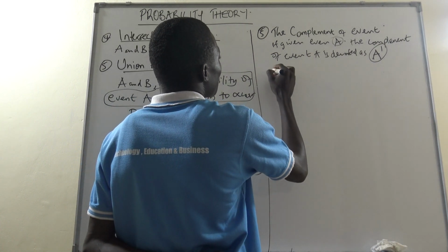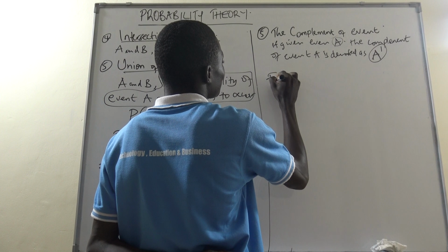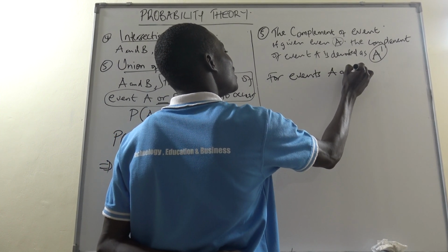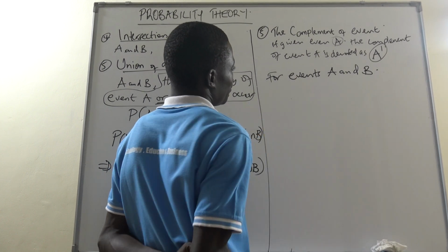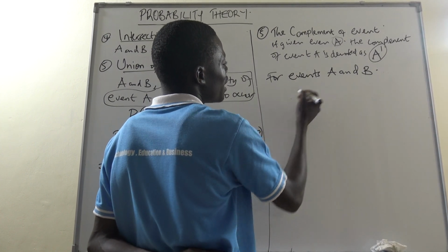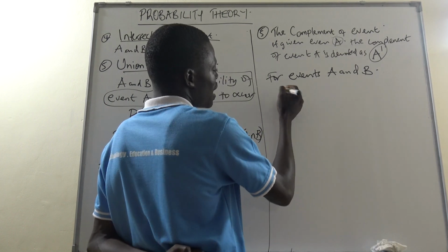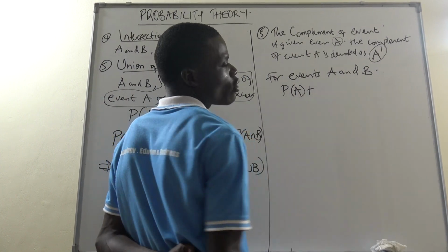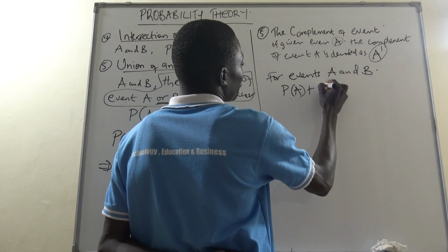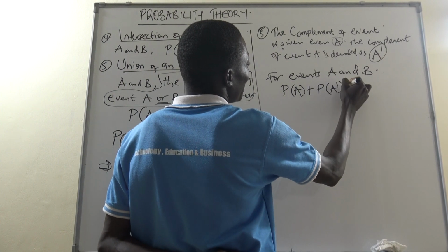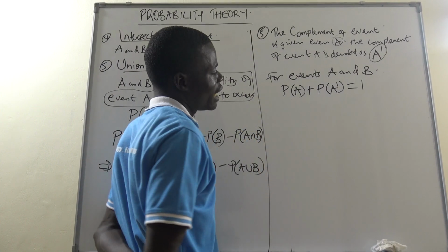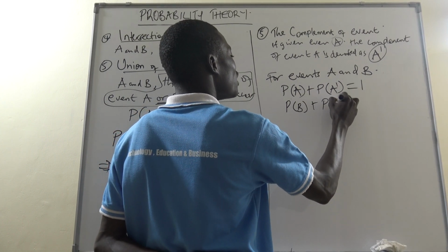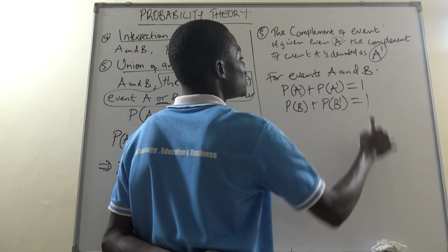So for example, for events A and B, the probability of A plus the probability of the complement of A will always give you 1. Then the probability of B plus the probability of the complement of B gives you 1.